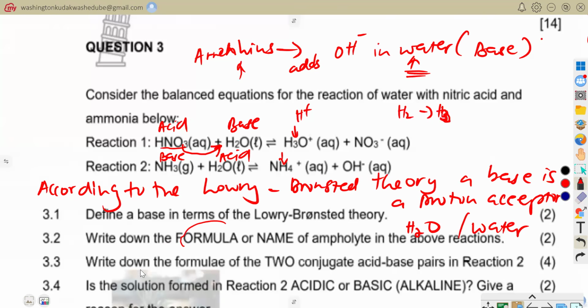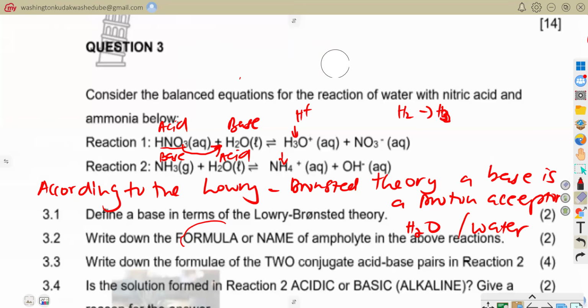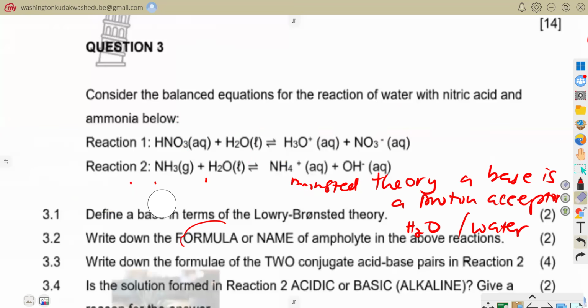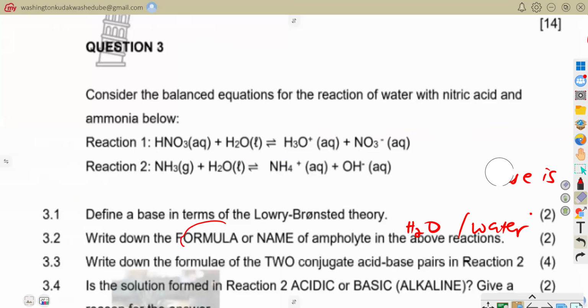Now they are saying write down the formula of the two conjugate acid-base pairs in reaction 2. Now allow me to erase this so that I can explain. What is an acid-base conjugate pair? We know that according to Lowry-Bronsted theory, every acid and every base has its own conjugate acid or conjugate base.